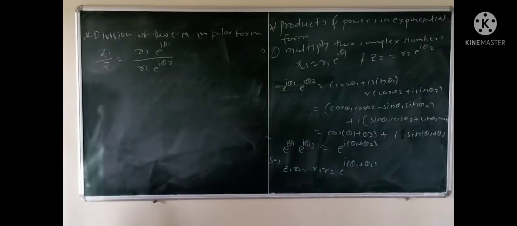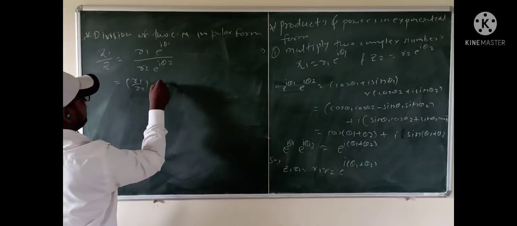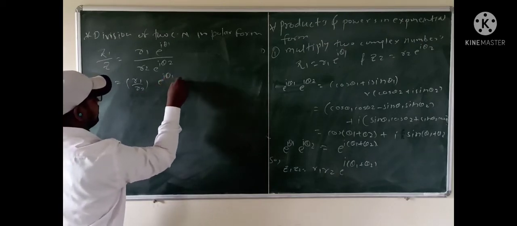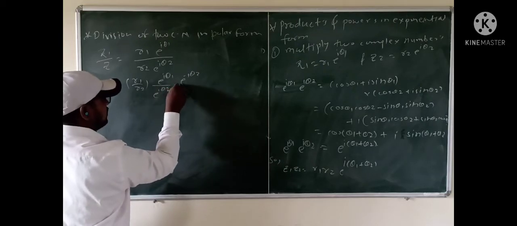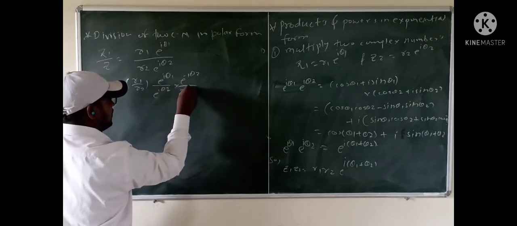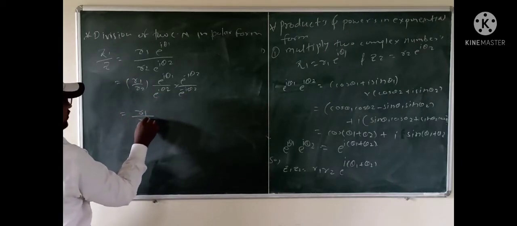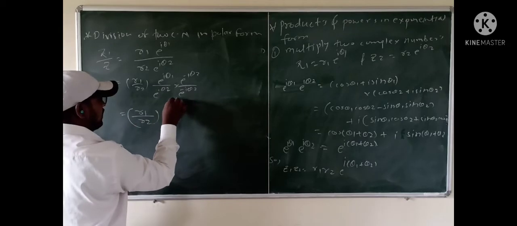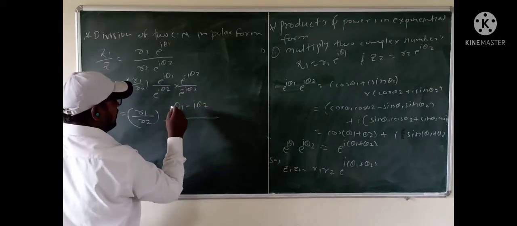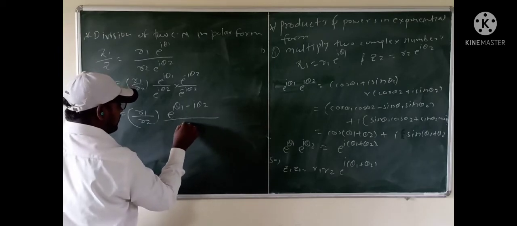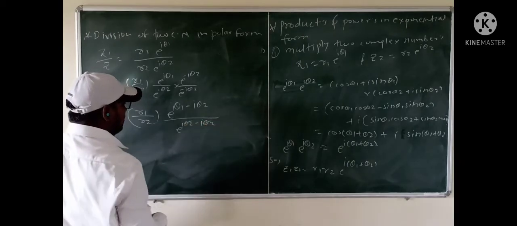By using the rationalization method, r1 upon r2 is separated, and we multiply by e raised to minus i theta 2 upon e raised to minus i theta 2. So this implies r1 upon r2 e raised to i theta 1 minus i theta 2, and in the denominator e raised to i theta 2 minus i theta 2 cancels.